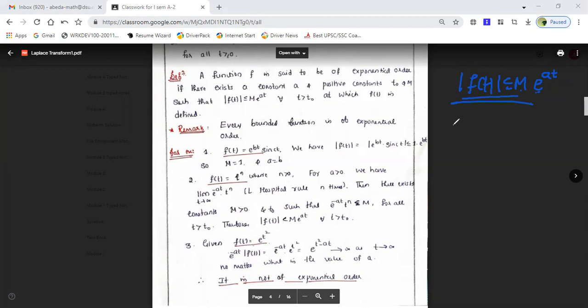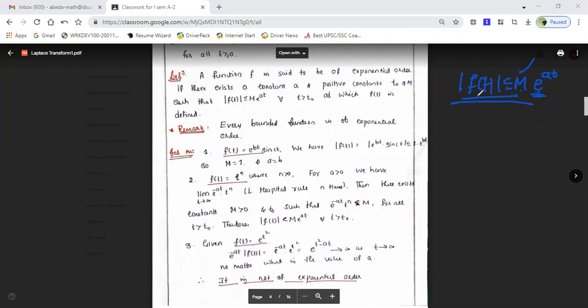So a function is said to be of exponential order if that function is less than or equal to M into e to the power at. Where this M, you already understood, is a positive constant, and this is the exponential function. I'll give an example so you understand it better.